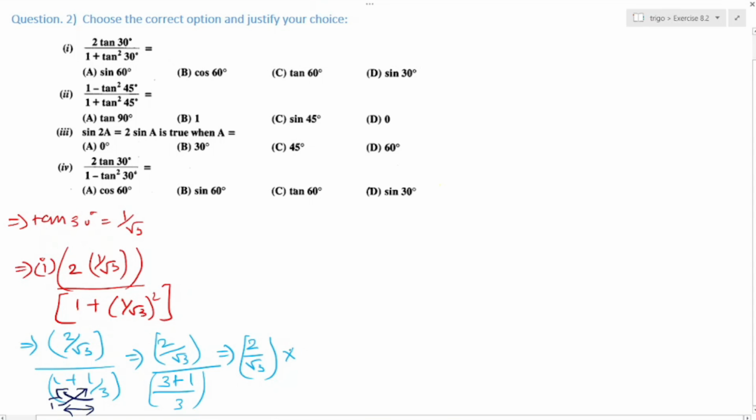The reciprocal of 4 upon 3 is 3 upon 4, so we just multiply this by 3 upon 4. Now root 3 multiply root 3 is 3, and 2 multiply 2 is 4, so we're left with root 3 by 2, right? Well, you know root 3 by 2 is the value of the trigonometric ratio sine 60. Yes, sine 60 is root 3 by 2, so we can also write it as sine 60 degree, right? And that's the answer.